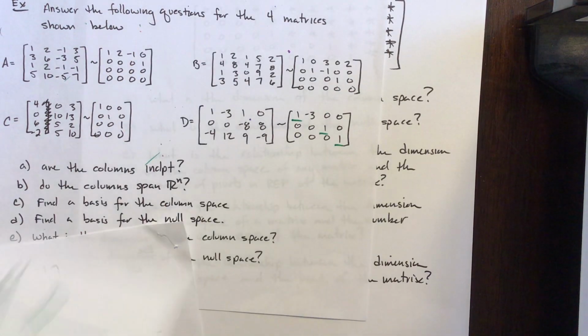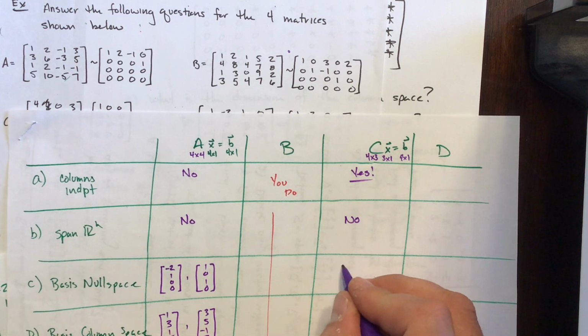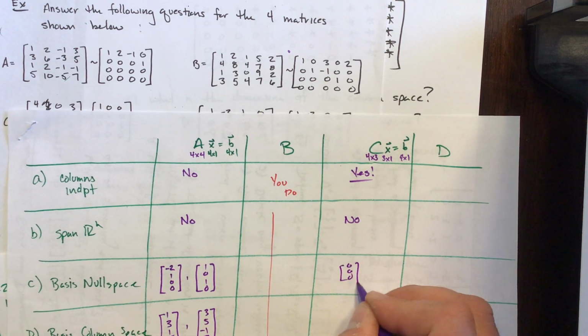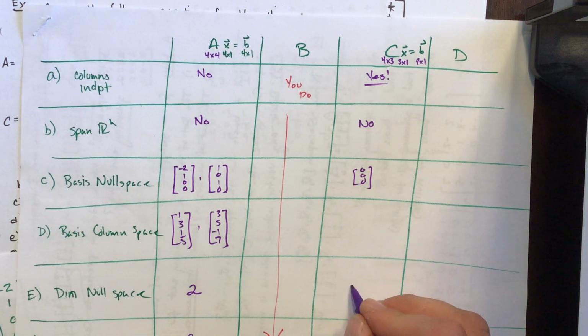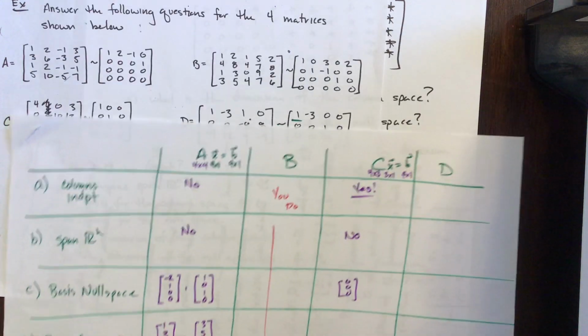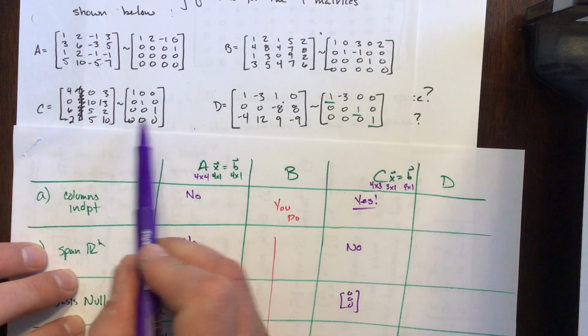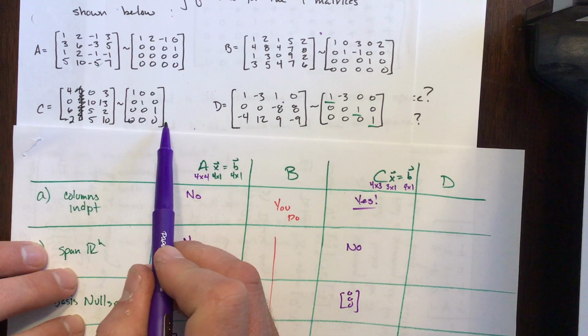So let's write that down. So we have a 0-dimensional null space. That's the answer to part E. What about the column space? Every column has a pivot in it.